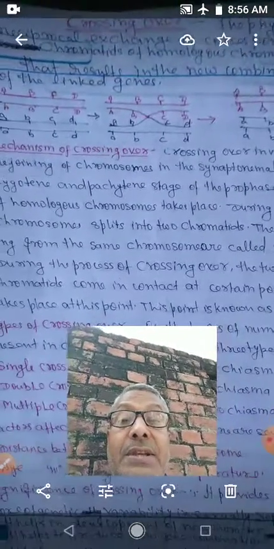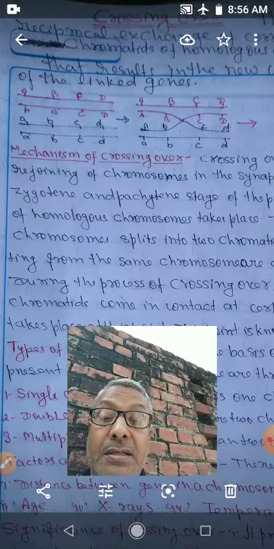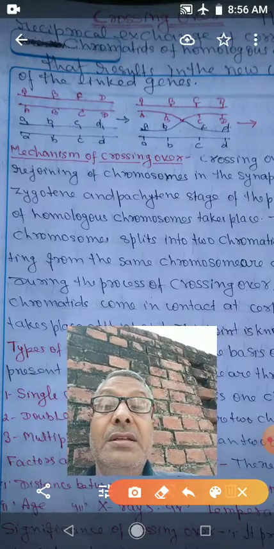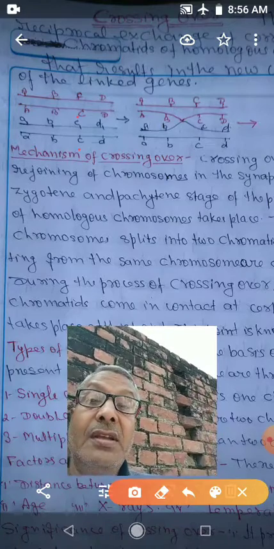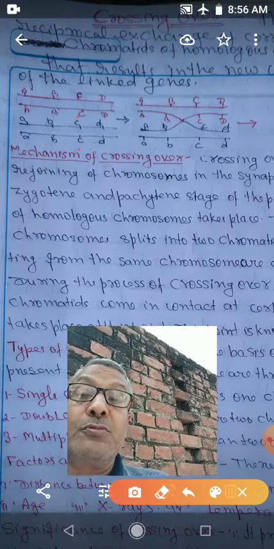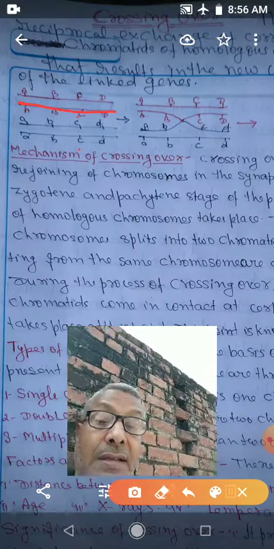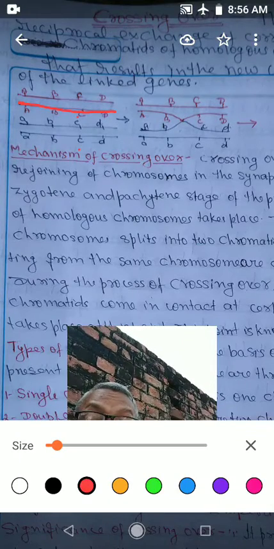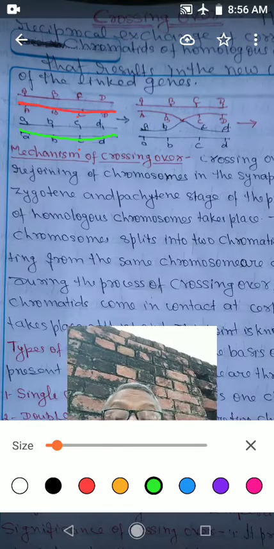So children, you can understand it with the help of this figure. In this, homologous chromosomes have been shown. In these homologous chromosomes, one chromosome is of the male parent and the other chromosome is of the female parent.